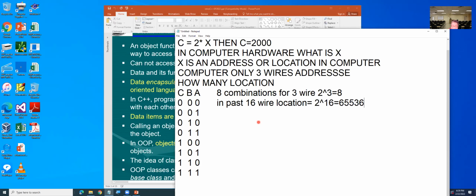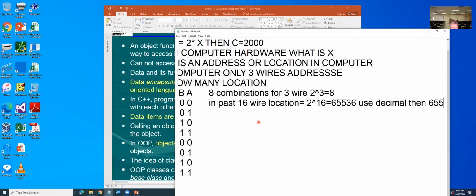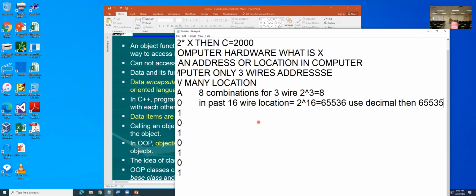So in the past, your computer gets 16 wires for the address. The total locations inside your computer will be 65,536. However, if you count in decimal, then it will be 65,535, because binary starts with a 0.